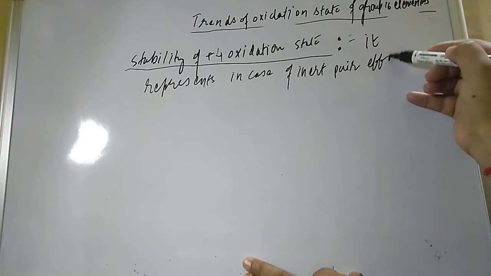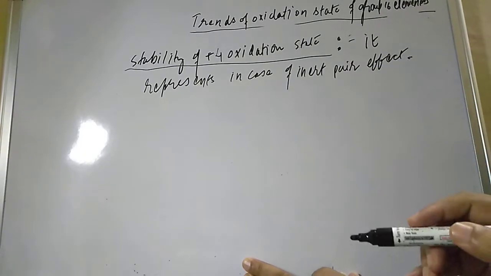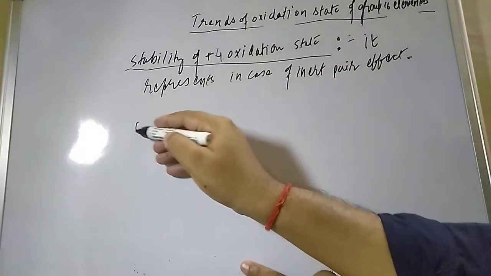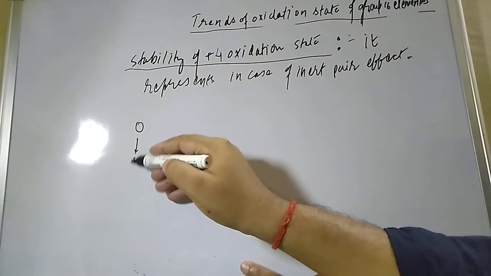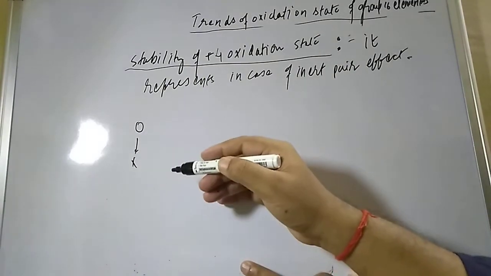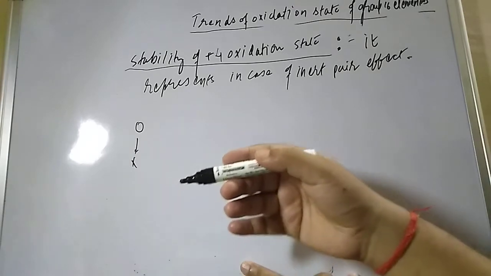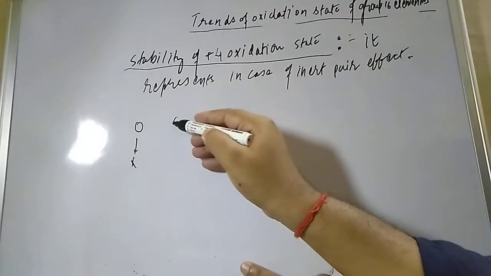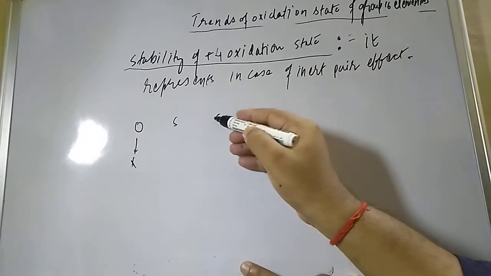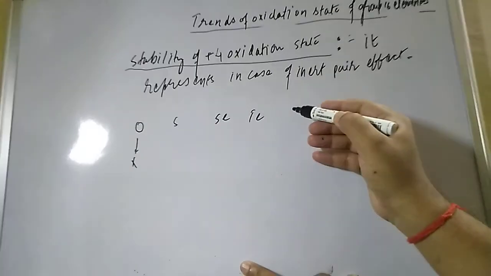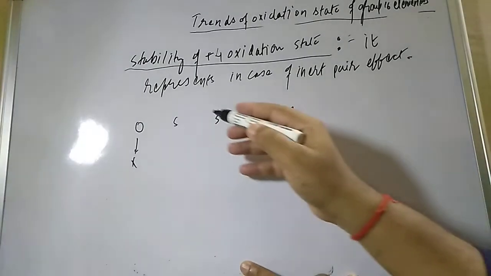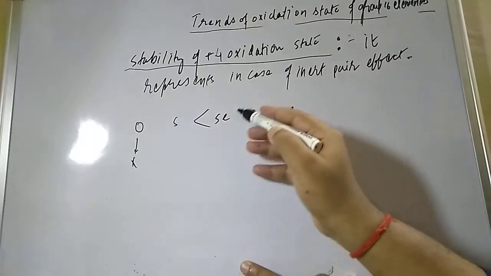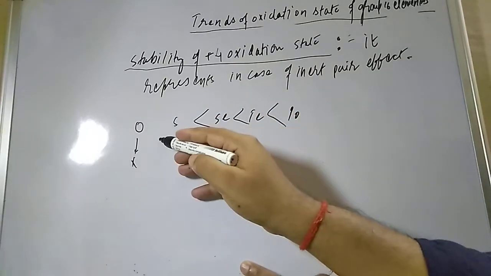So stability also depends on inert pair effect. Oxygen will not represent it, because it is the second most electronegative element of the known elements. So sulfur, selenium, tellurium, polonium will represent it.